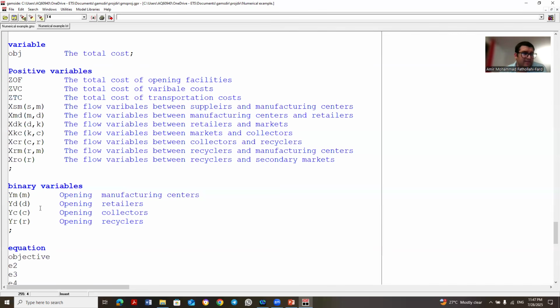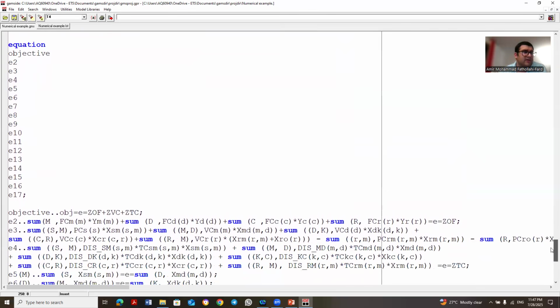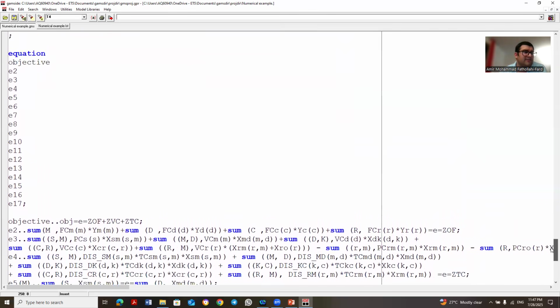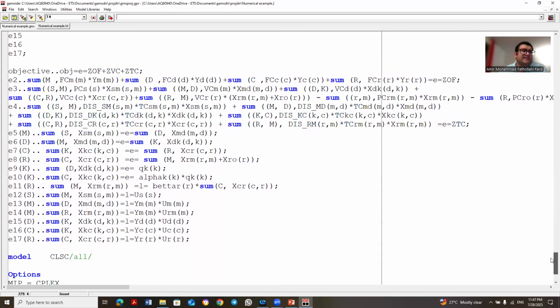And we have four binary variables which are defined here, and the equations. For equations, we have defined them similar to the given optimization problem. We have the objective function and constraint 2 to constraint 17. And we can see that we first write the objective function and write each constraint similar to what is given in the optimization problem.